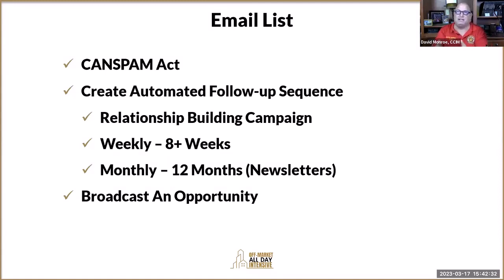As I'm entering them into my CRM and I add them to an email list, that triggers that automated sequencing campaign. Because I've added them to a specific list, if I find an opportunity, I've got the ability to broadcast that opportunity to that list. So the more people I get into that CRM, the more people I can broadcast an opportunity to, whether it's a syndicator sponsor or an owner.